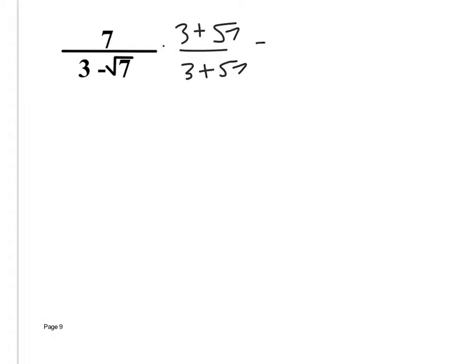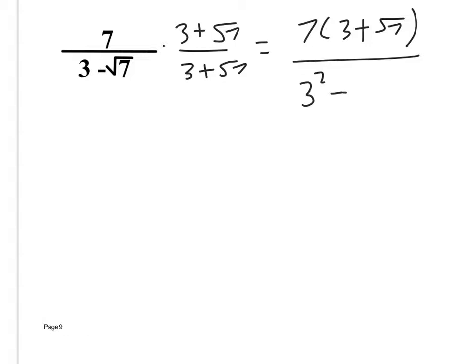So now I just multiply those out. So I take 7 times 3 plus the square root of 7. And on bottom, I do the first thing squared minus the second thing squared. And I can write it like this. You don't have to, but I'm just doing it so you understand what I'm doing. So distribute 7 out.